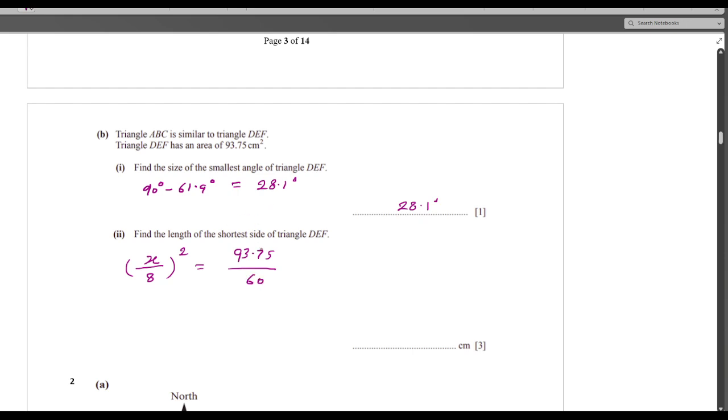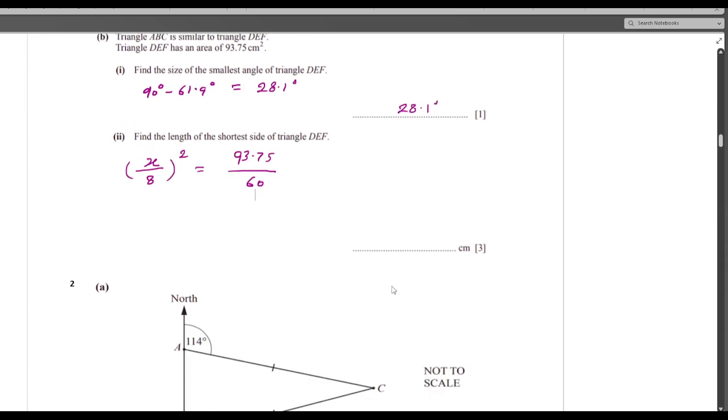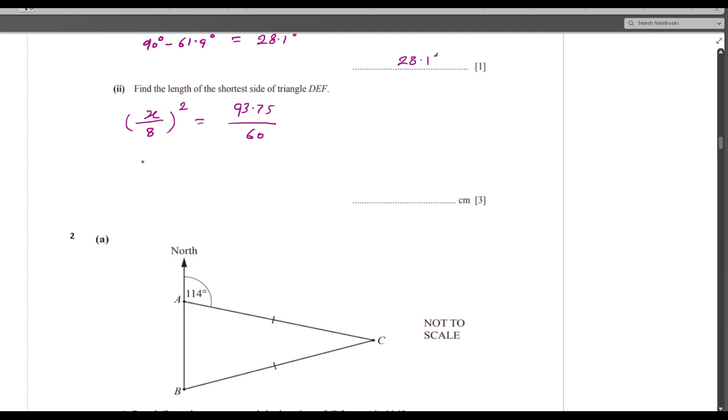The ratio of areas of two similar figures is equal to the ratio of their corresponding sides squared, right? So for x by 8, we take the square root of 93.75 divided by 60, which is going to be 5 divided by 4.